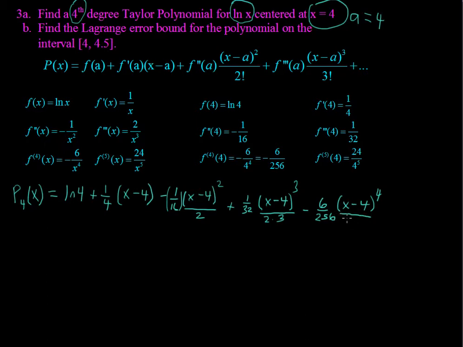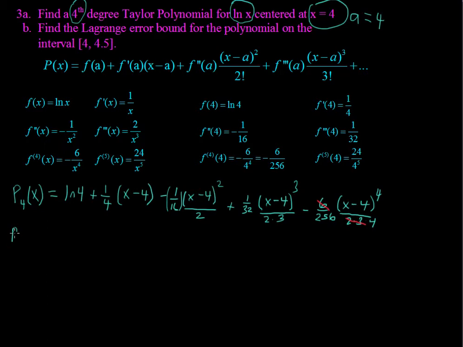I'm going to write that as 2 times 3 times 4. You can see why I wanted to do that, because we can start doing some canceling. That 2 times 3 can cancel out that 6, which makes it a little bit easier.